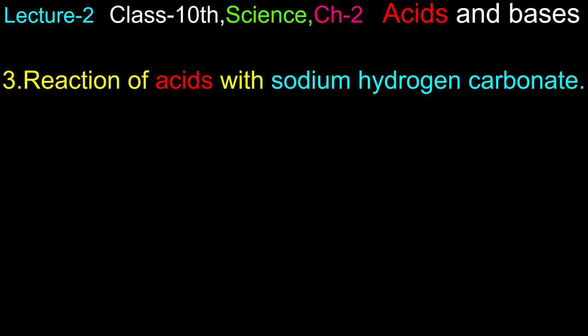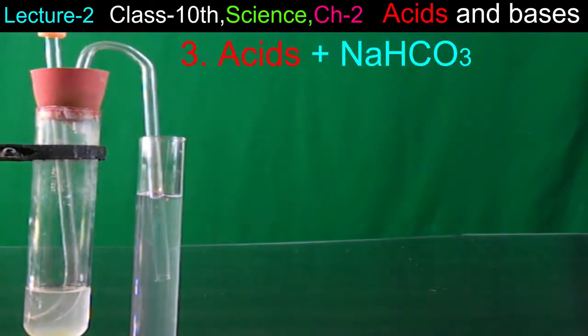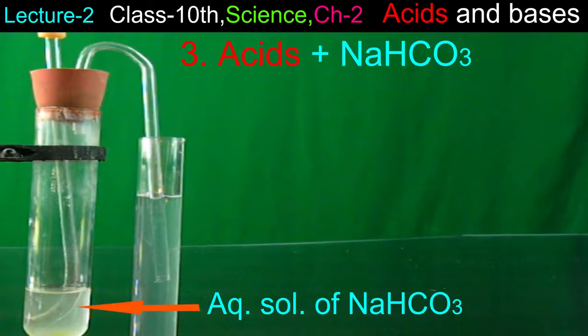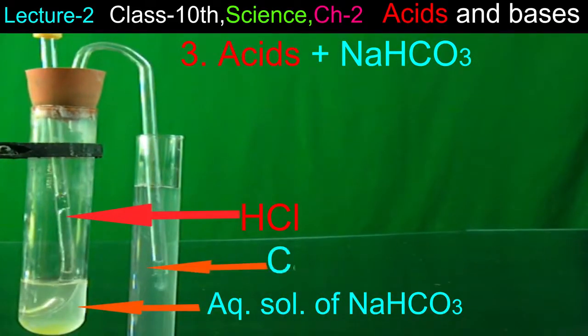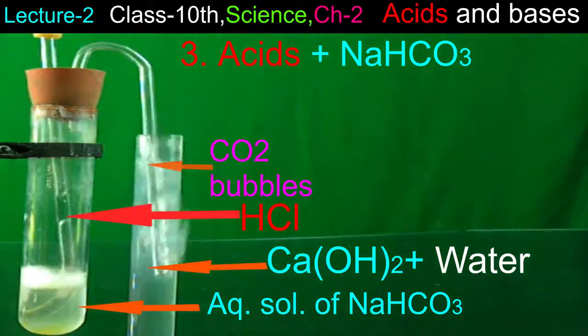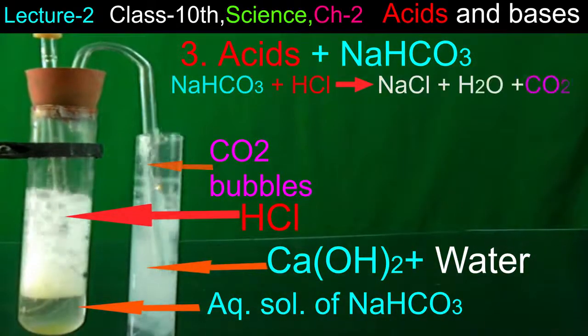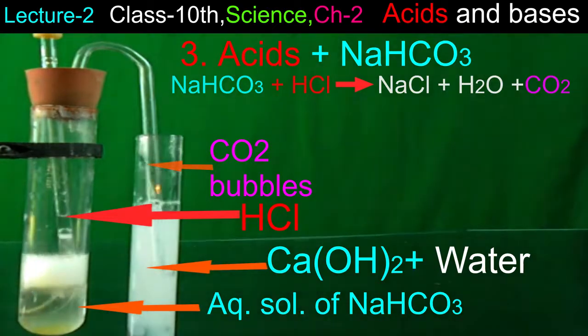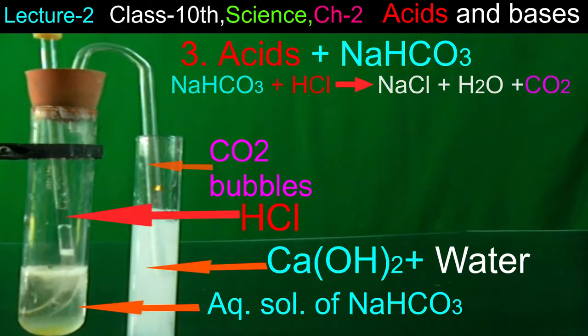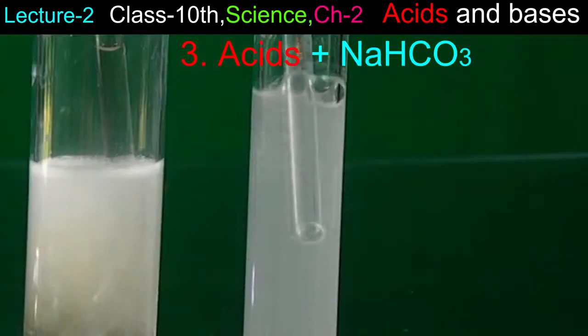This is sodium hydrogen carbonate solution. I put dilute HCl in it. Again CO2 is evolved and we pass it through calcium hydroxide solution, which has been freshly prepared. We find the same results. Initially it turns milky.